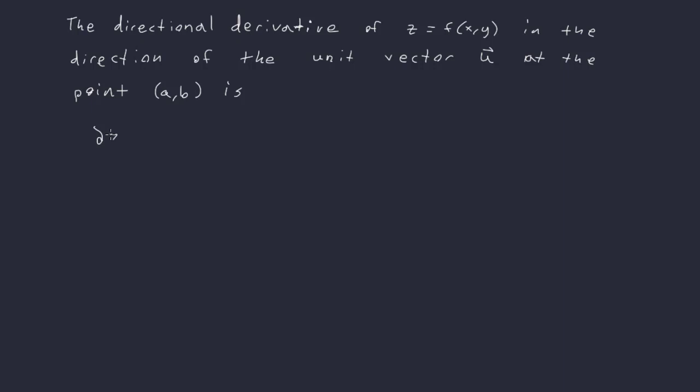I like to say it's the partial derivative of z with respect to u. So I'm basically saying I'm taking the derivative of z in the direction of u, okay, is, well, it's going to be the gradient of f at the point (a, b) dotted with the vector u.